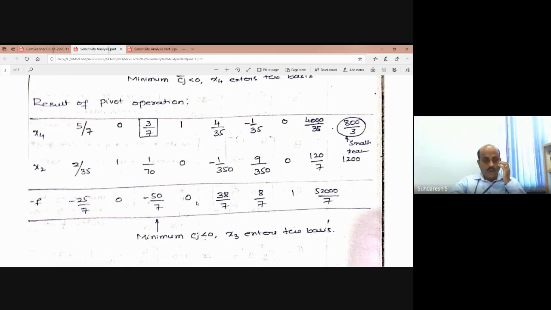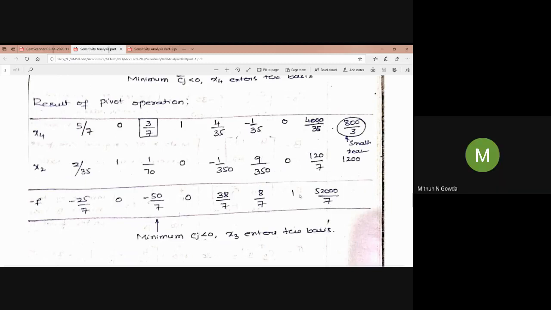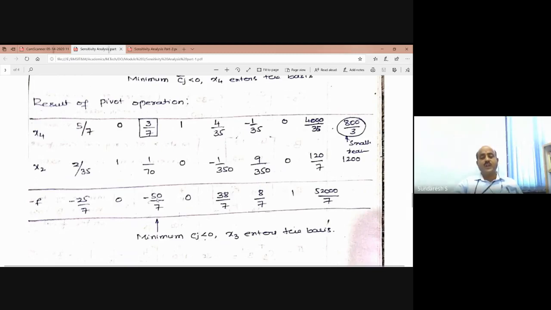Could you get it? Minus 25 by 7, 0, minus 50 by 7, 0, 38 by 7, 8 by 7, 1, and 52,000 by 7. Yes, sir. Once you get this, now again the same procedure. You have to identify the minimum value, the maximum negative value, in the cost coefficient. That will be considered the pivot column.